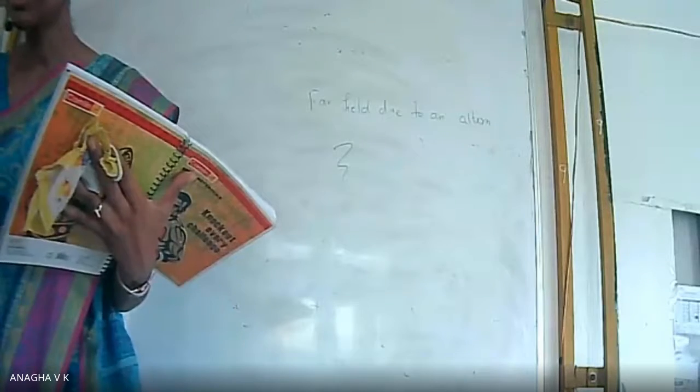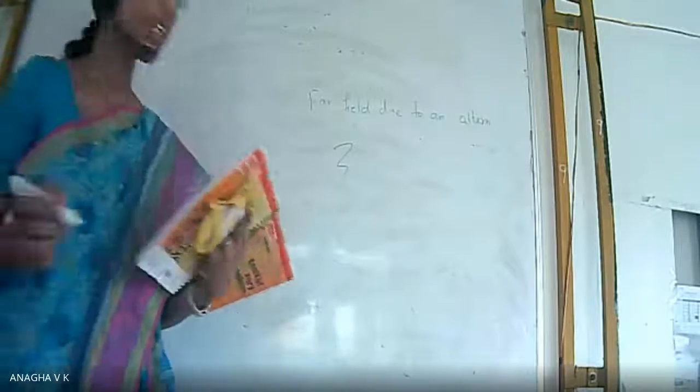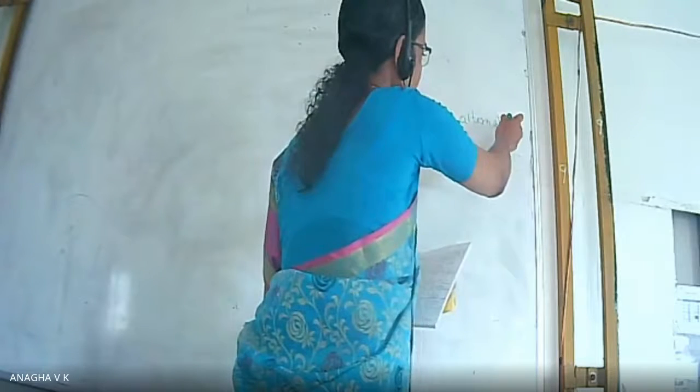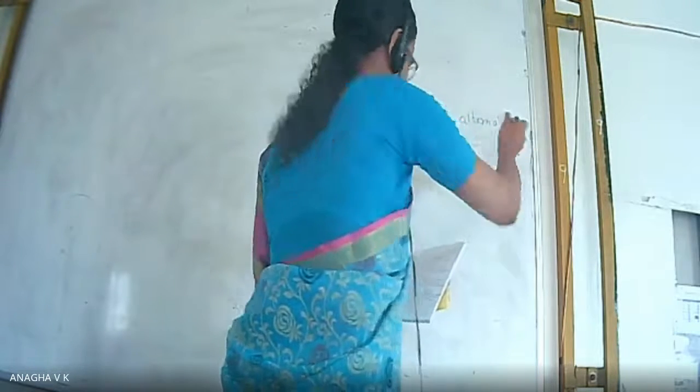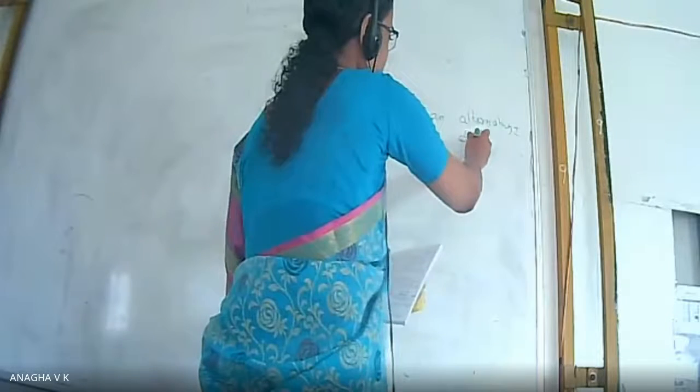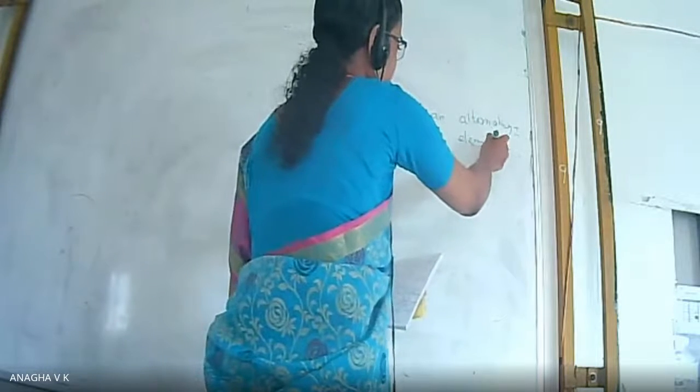Far field due to an alternating current. So what is this? It is an alternating current element.